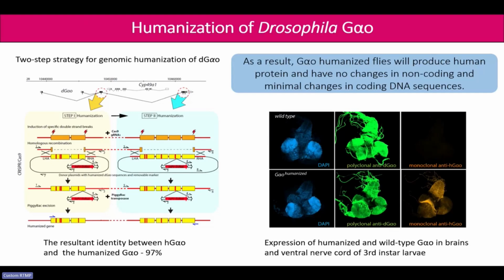We used CRISPR-Cas9 technology to substitute the Drosophila sequences with the human ones in two steps, substituting the cluster of exons and the downstream cluster of exons.